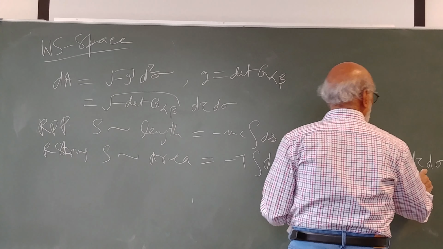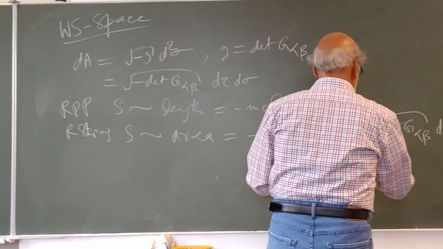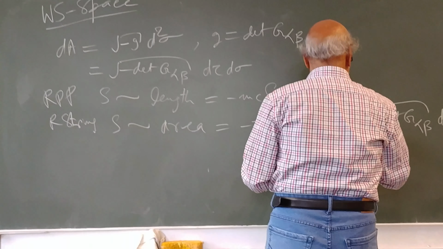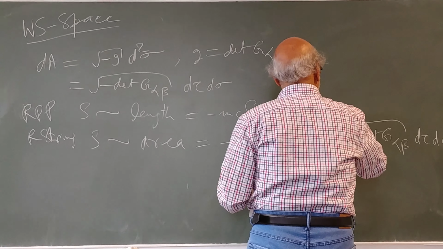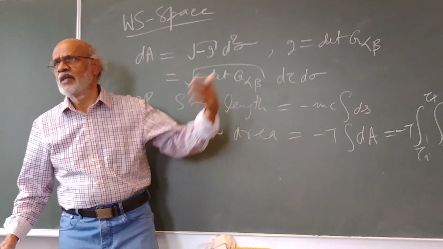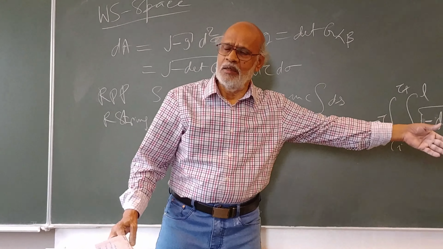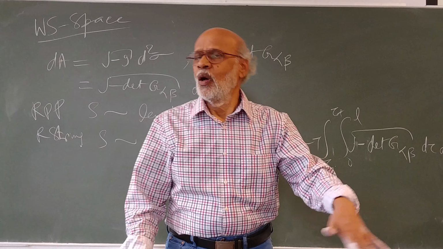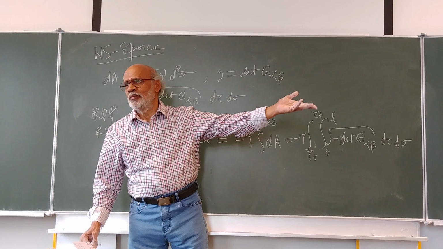And if you like, you can integrate from tau i to tau f and sigma from 0 to sigma f. So you can integrate from some initial time to some final eigen time. Of course, whenever I say time, it's always eigen time, or even just a parameter.